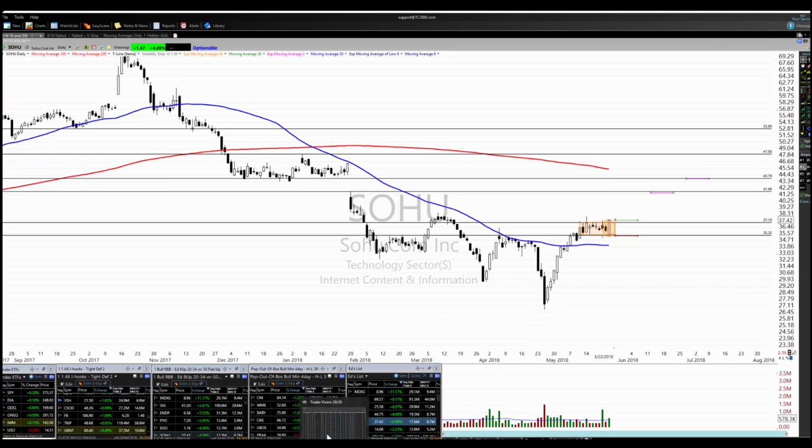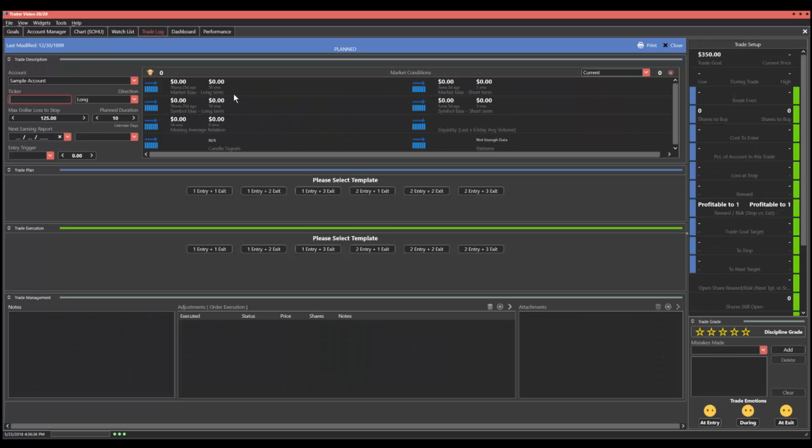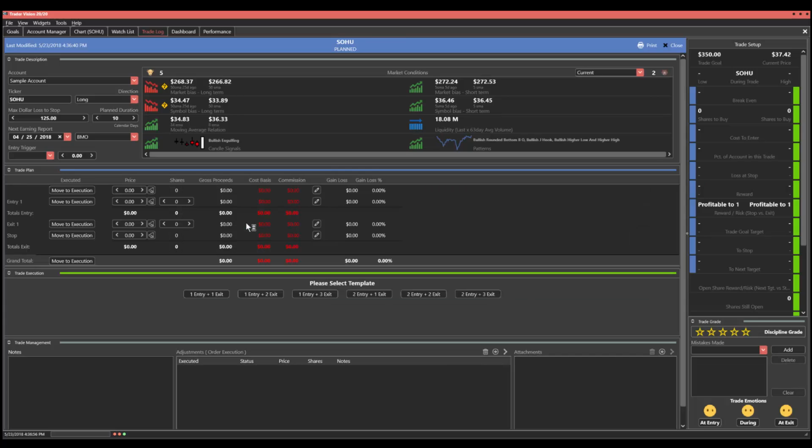Let's do a plan. Okay, so we've got earnings out of the way again. We've got that bullish engulfing. We've got some patterns in our favor. We've got the short-term biases working for us, and we've got the relationship working for us. Plenty of liquidity. Let's do one plan, one entry and two exits.